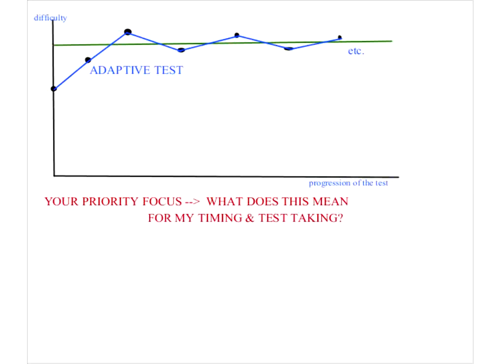Okay, well anyway, when you take a paper test, here's the difference. Paper tests look like this. Generally paper tests start out with lots and lots of easy questions. So again, that is a paper test.